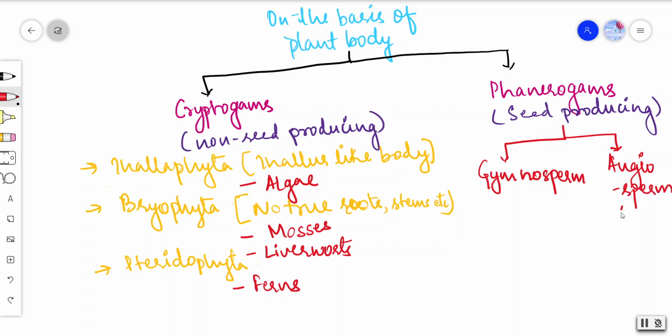Angiosperm is further divided into two on the basis of the number of cotyledons, that is mono means one. Let me erase this now. There is a spelling mistake.